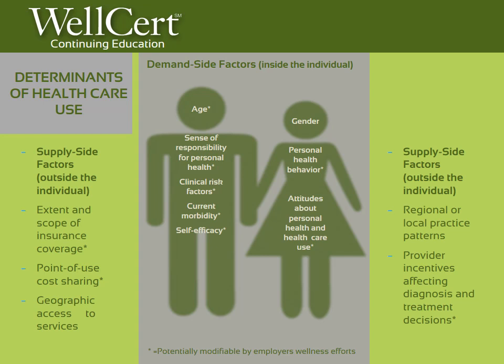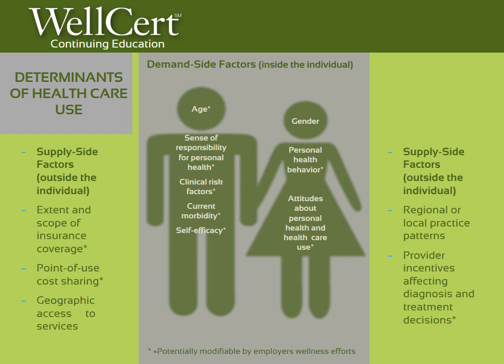So in summary, these are the major determinants of how much healthcare use an individual needs, and when it's put into collective terms, it becomes what the population needs. And it's divided into supply side factors, which are usually outside the individual, some of which we can affect with wellness, and then inside the individual, almost all of which we can affect through wellness programming.